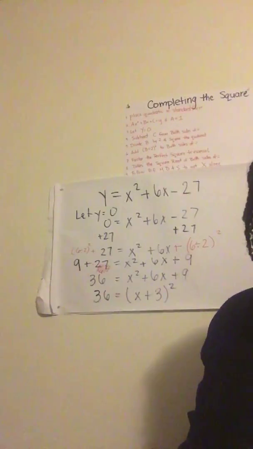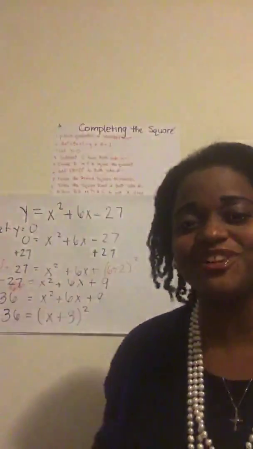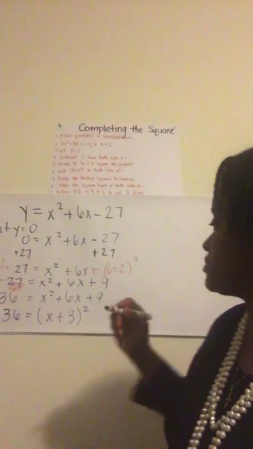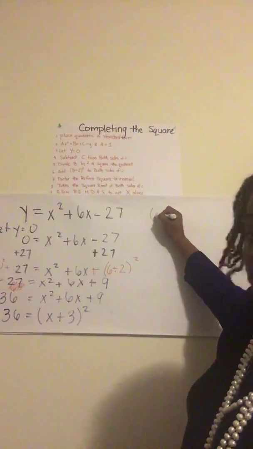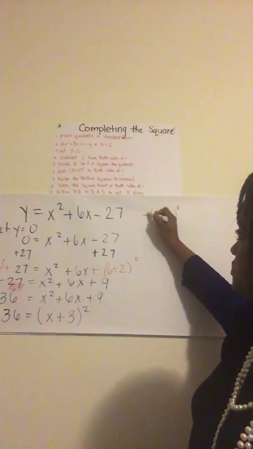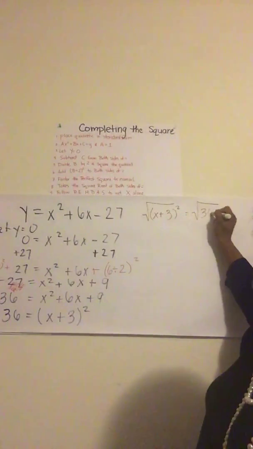Now to solve for your roots, which are x-intercepts, we take the square root of x plus 3 squared, which equals the square root of 36.